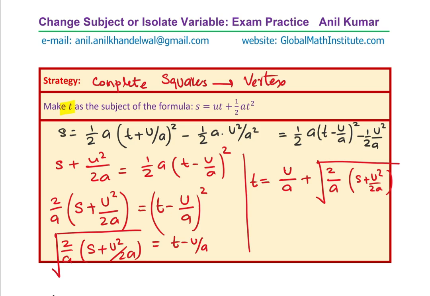Perfect. So that is how you will get your equation with t isolated. So we have changed the subject to t in this particular case. Do you see that? So that is how it can be done.